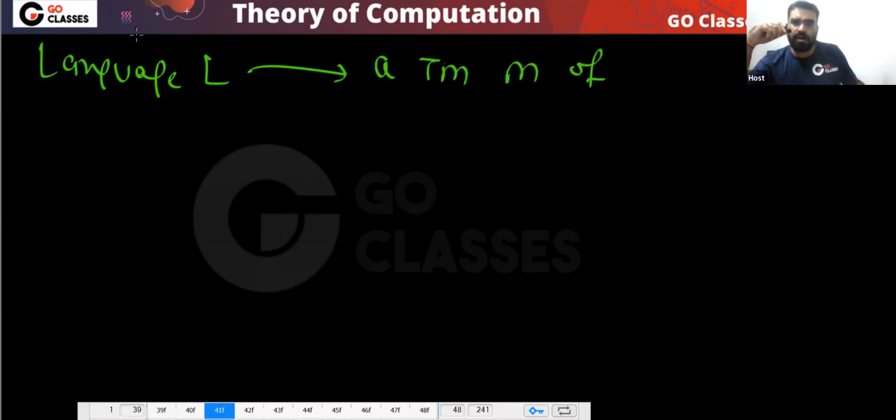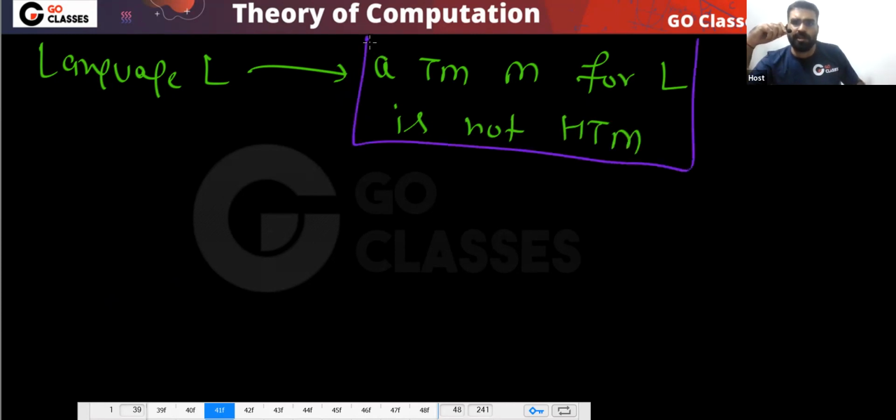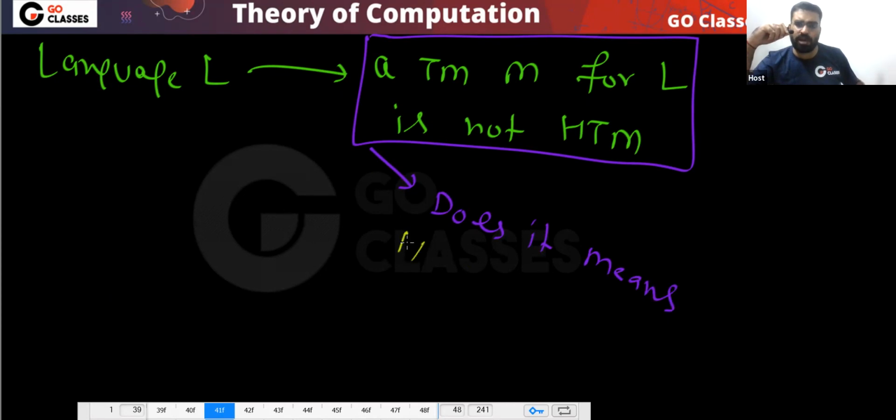So if you have a language L, and for this language L, let's assume a Turing machine M for L is not a halting Turing machine, then does it mean there is no halting Turing machine for L?